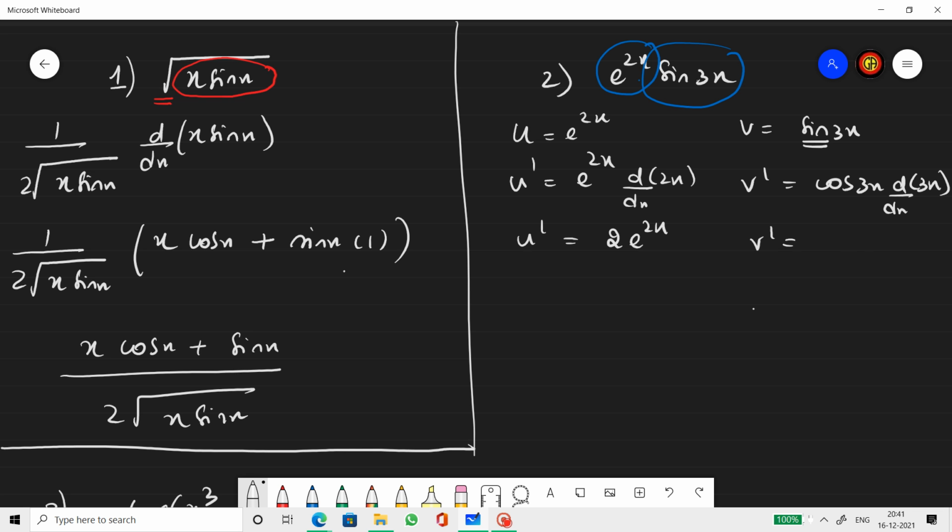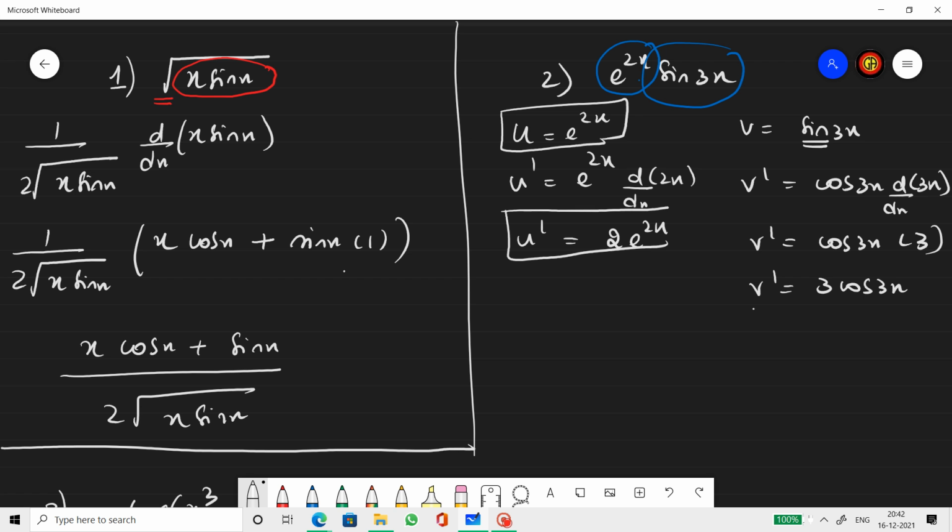So v dash will be cos 3x into 3. So v dash will be 3 cos 3x. So this is u and this is your u dash. This is v and this is the v dash.